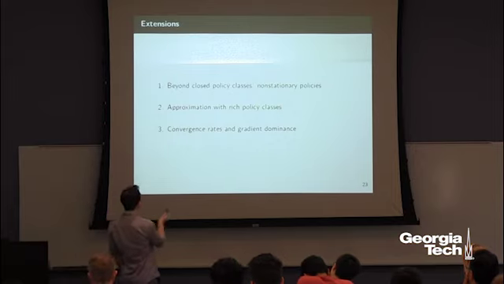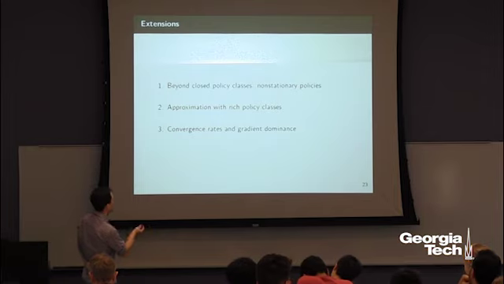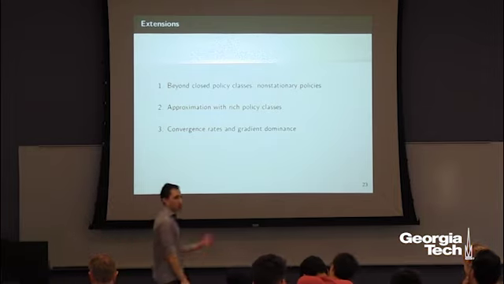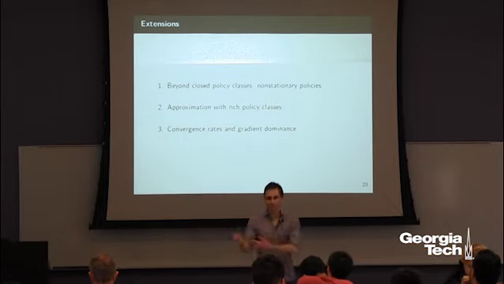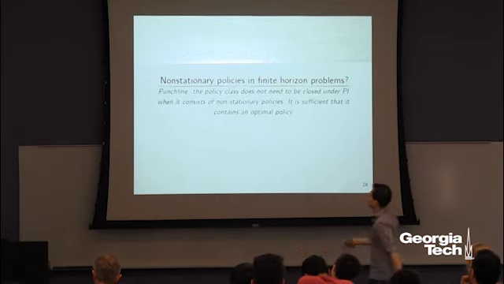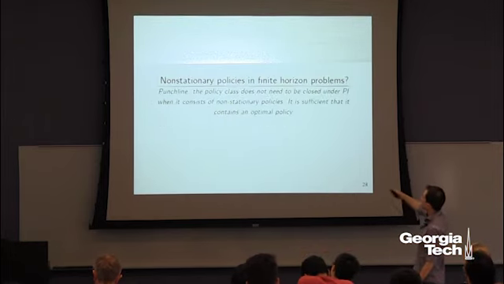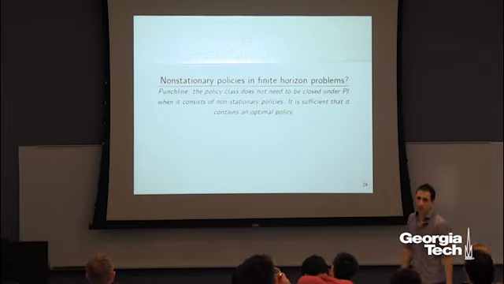Now, there's three main extensions. One involves understanding the class of non-stationary policies. For finite horizon problems, you usually use non-stationary policies, not these stationary ones. And I'll give you a hint that the curious thing that happens here is that we don't need policy closure.